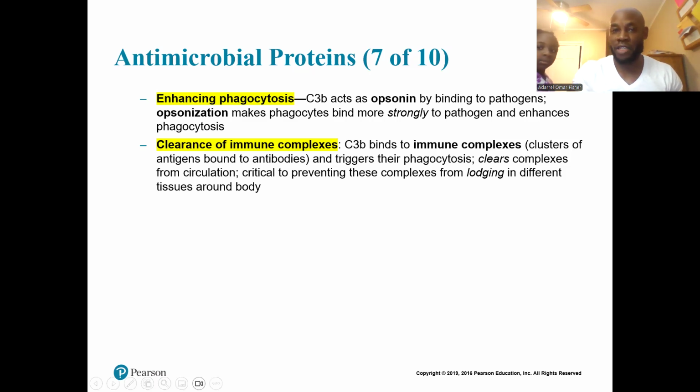We also have the clearance of immune complexes. C3b binds to immune complexes, triggers their phagocytosis, and clears them from circulation.